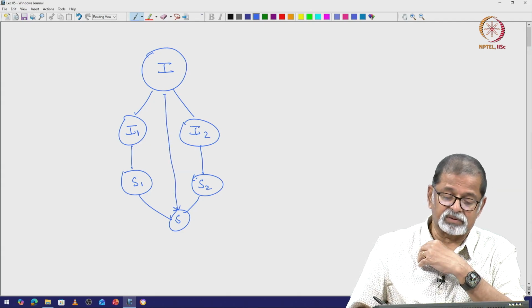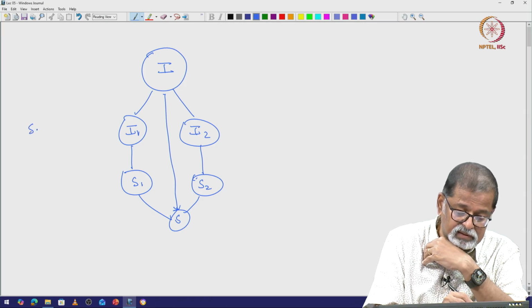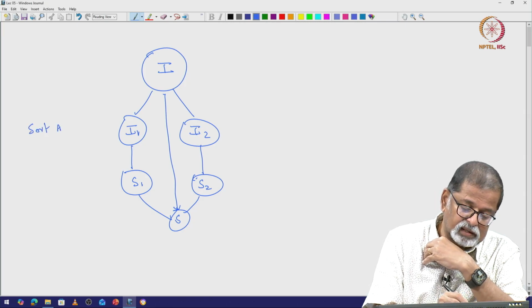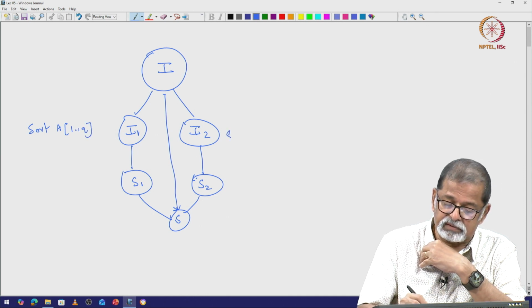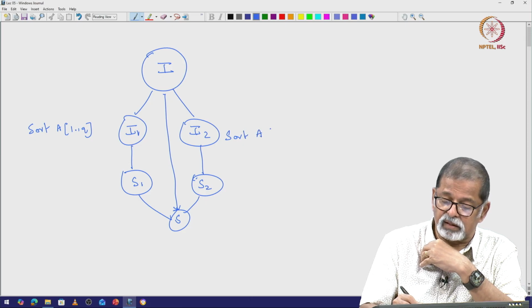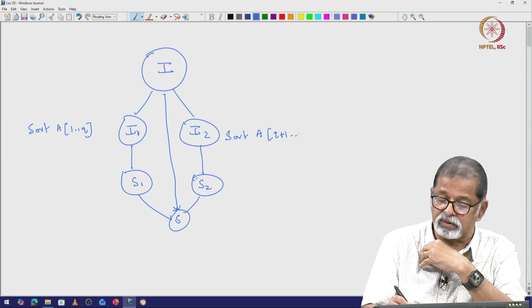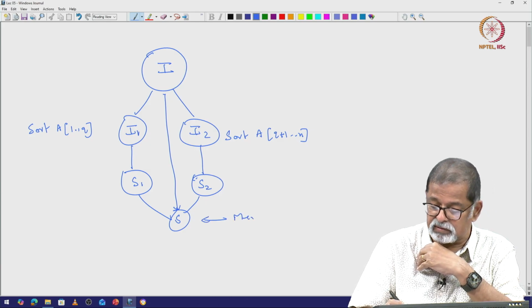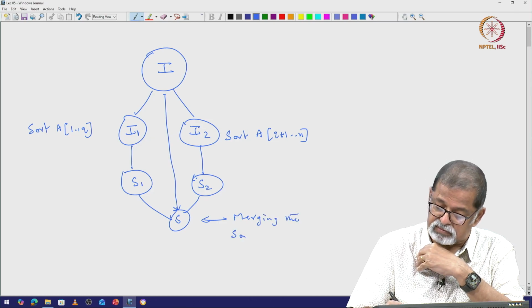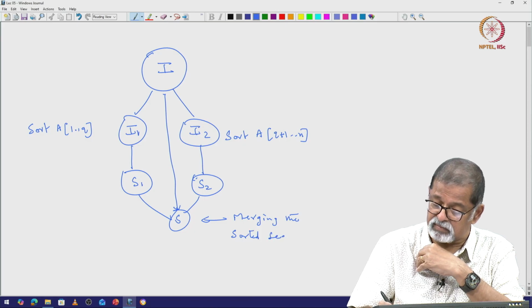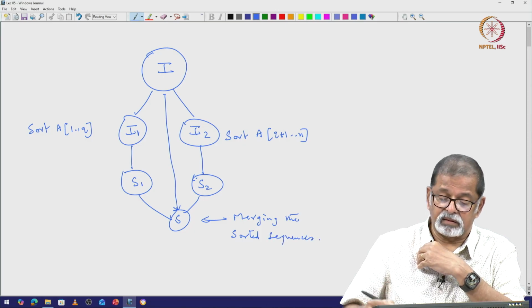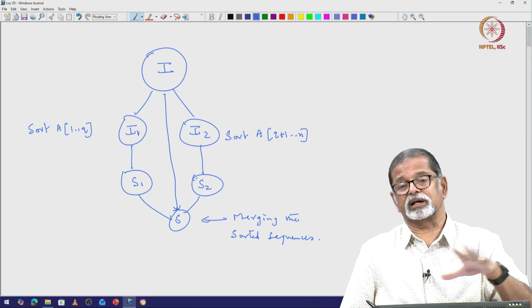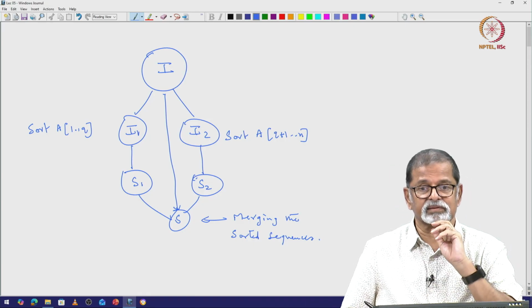So, in merge sort you are going to sort A[1..q] and sort A[q+1..n], and then you are merging the sorted sequences and then obtain the final result.